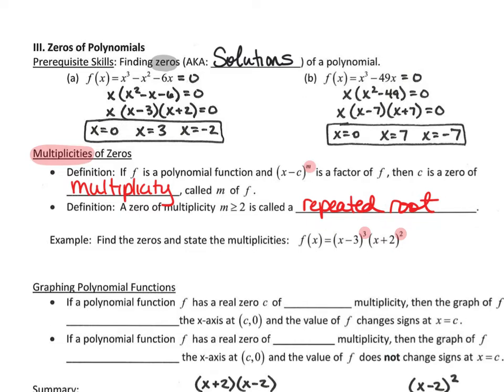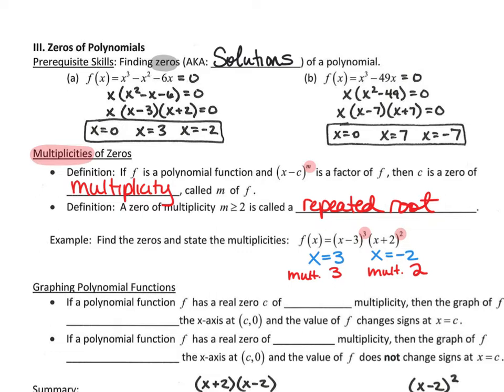So I could quickly solve for the x values, setting it equal to 0. This would be x equal to 3, and this would be x equal to negative 2. However, the solution of 3 has a multiplicity of 3, and the solution of negative 2 has a multiplicity of 2 because of these powers here. That's how many times that particular solution is repeated in that polynomial. It's a repeated root. Again, it's just the same number that is the power.